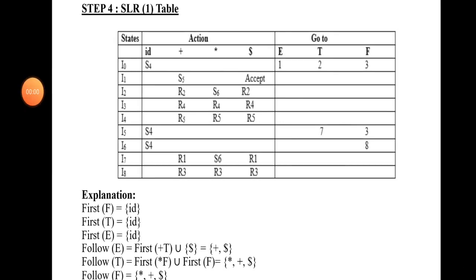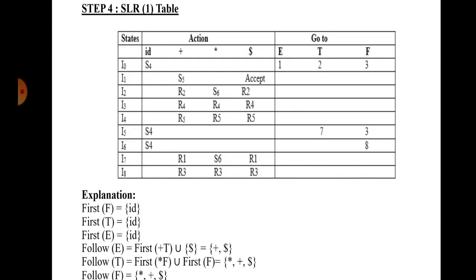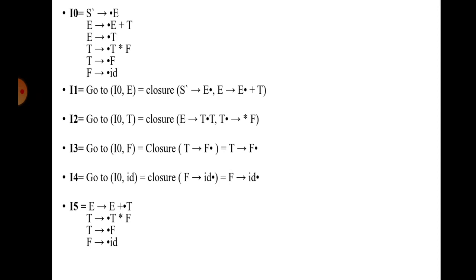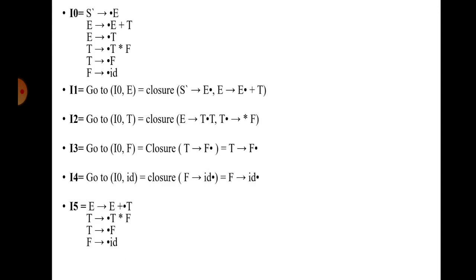In I3, the dot position is placed at the end of the production, so we find the follow value for capital T, which is star, plus and dollar. We write the reduce value for I3 because only in I3 is the dot placed at the end.